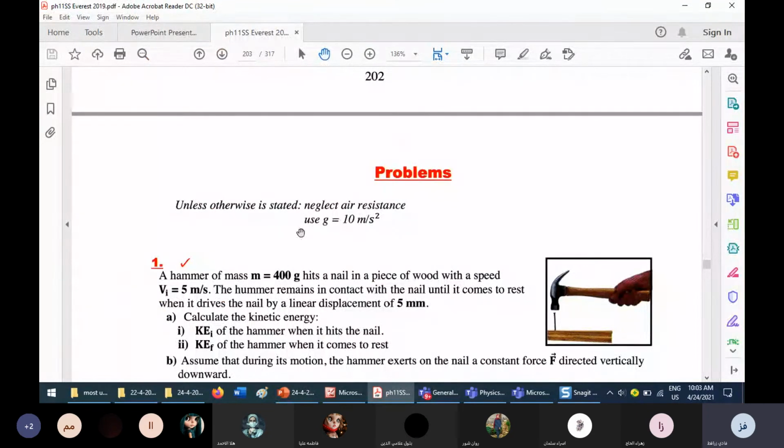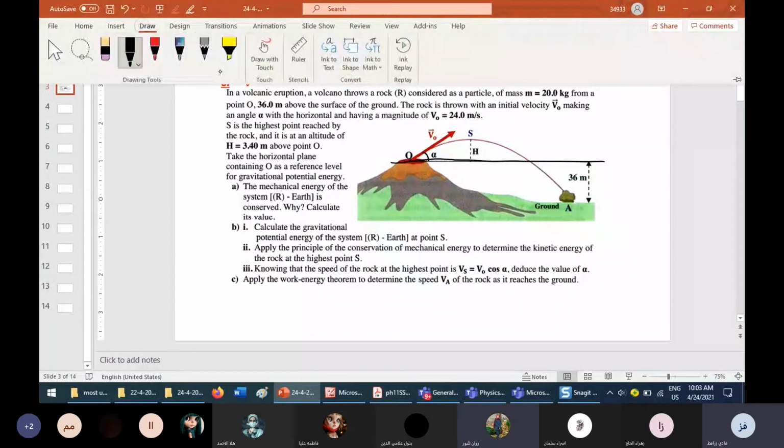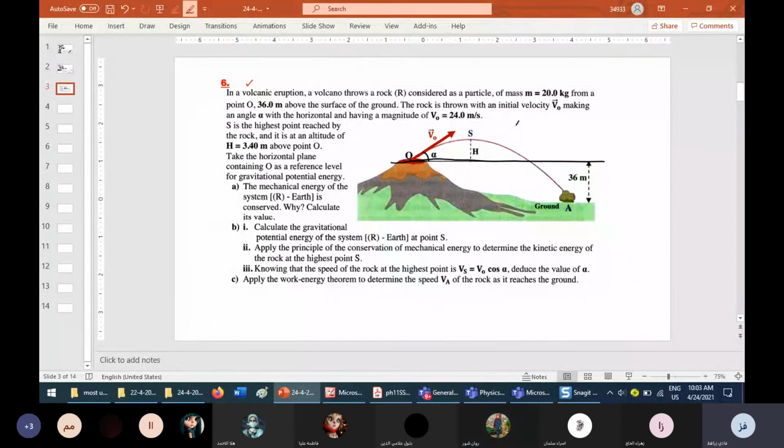We always neglect resistance unless told otherwise. So why is the mechanical energy conserved? Yes, since there is no friction.